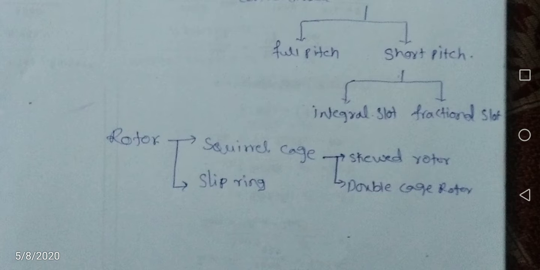The outer cage area is less, so its resistance value is more.